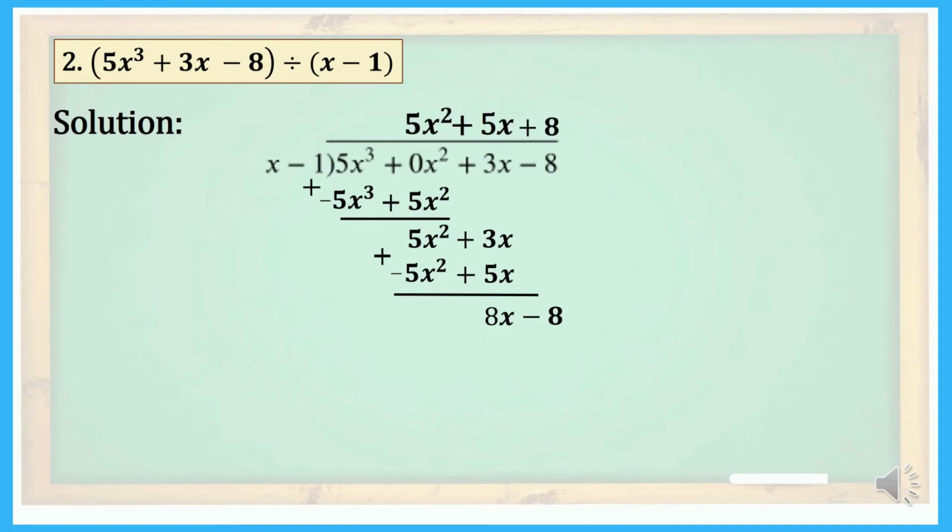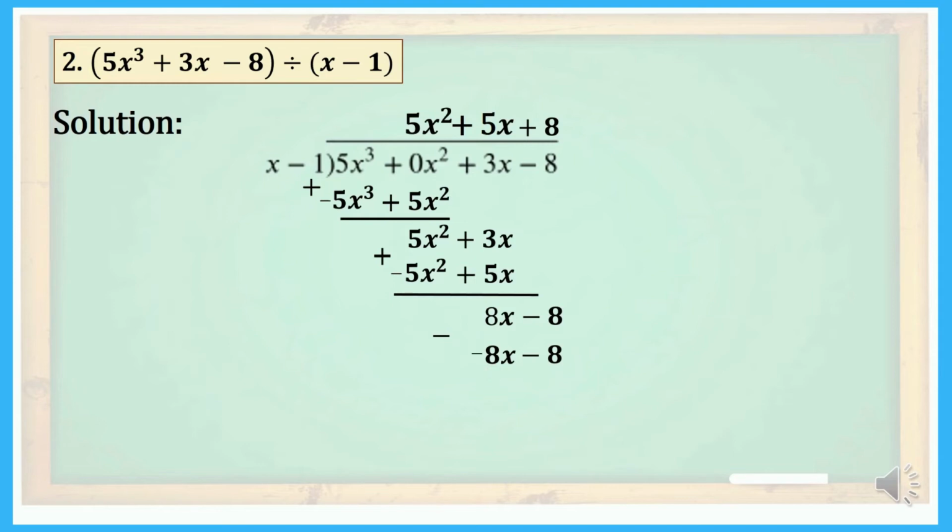Then multiply 8 to our divisor, which is x minus 1. So 8 times x is 8x. And 8 times negative 1 is negative 8. Then subtract. Then change the sign of the subtrahend.